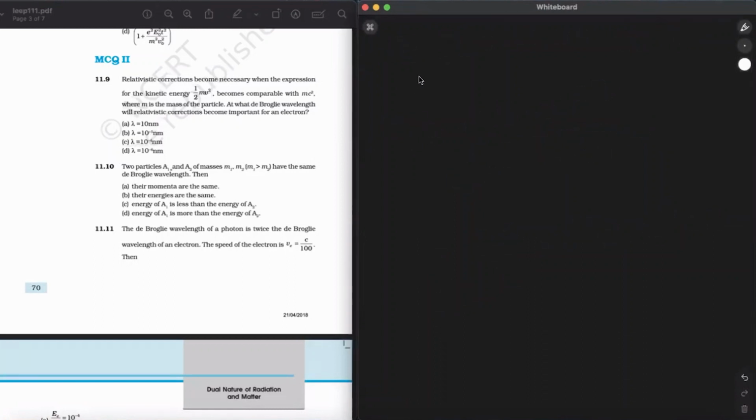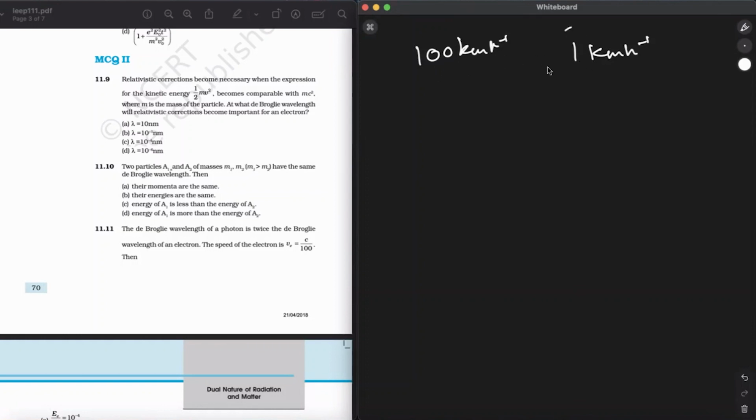See, when the phase velocity that is coming is greater than or comparable to the speed of light, then we will say that yes, relativistic corrections should be applied. But when it is less, suppose you have a velocity of 100 km per hour, and some snail or some insect is moving with a velocity of 1 km per hour, and you're moving at 100 kilometers per hour.